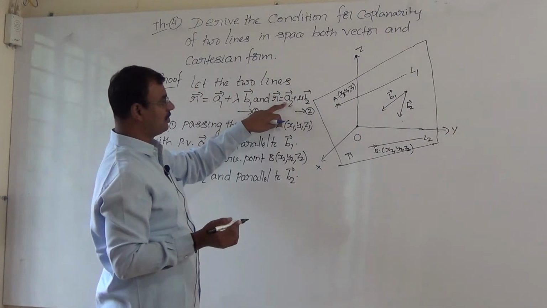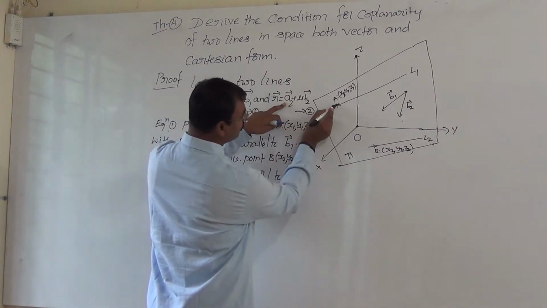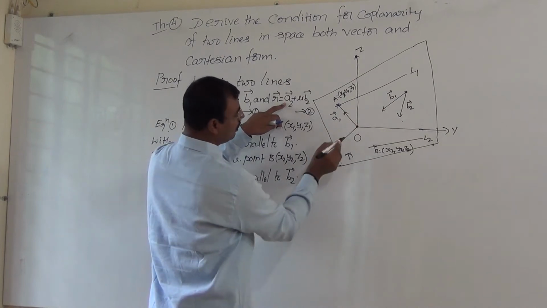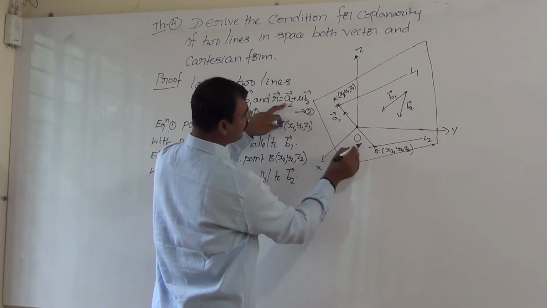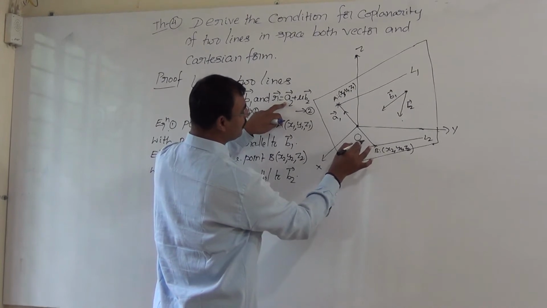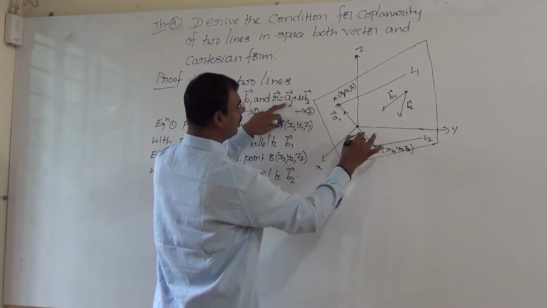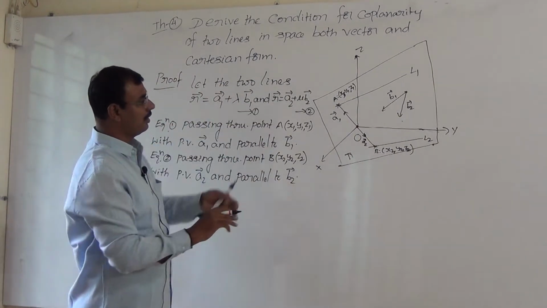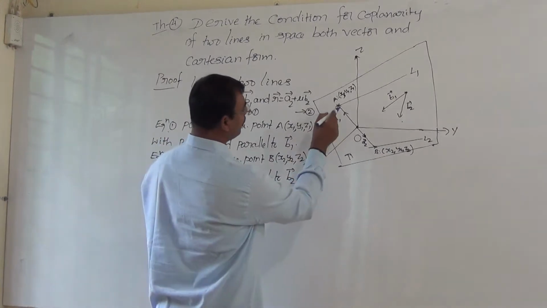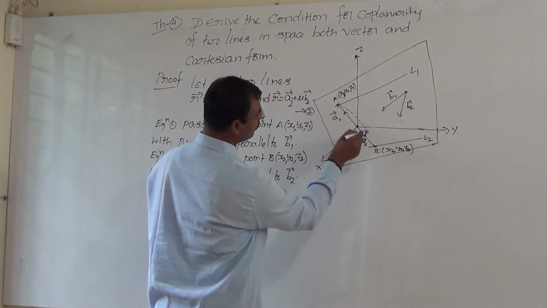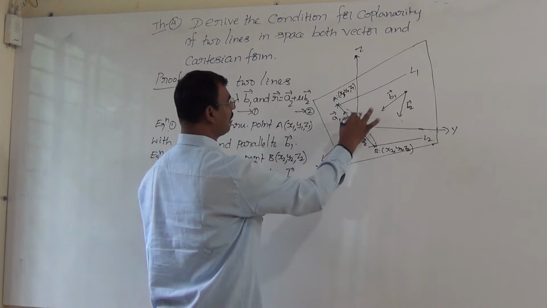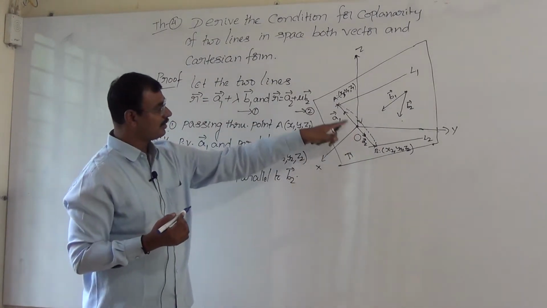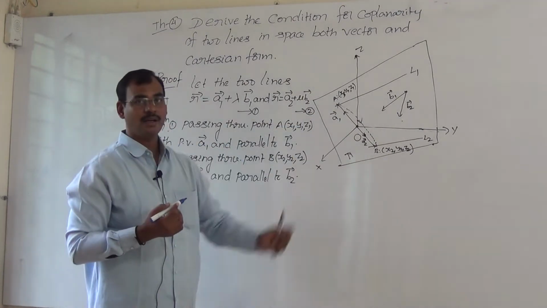Now joining OA, we get the position vector OA, that is A1 bar. Join OB, we get the A2 vector. Now join AB. This is the AB vector. If I join like this, OAB is a triangle.